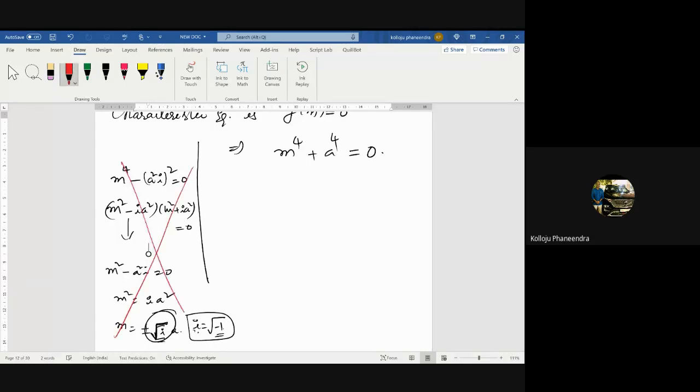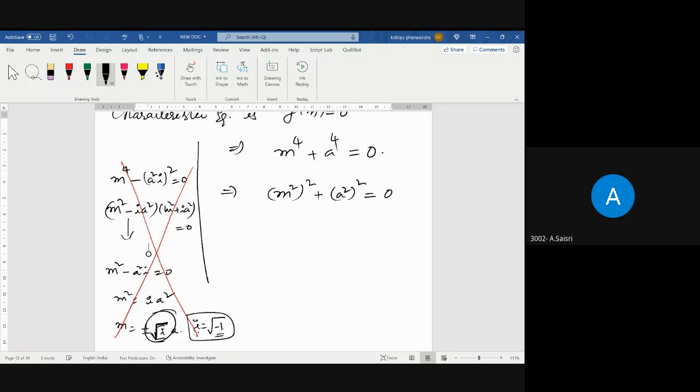So this is not true anymore. Sir, for m power 4 plus a power 4, add 2a square m square and subtract 2a square m square. Very good. Now, how will you get that idea? Let us see. So immediately, no one can get that idea. So logic is what? You write this as (m square) whole square. What is your name?